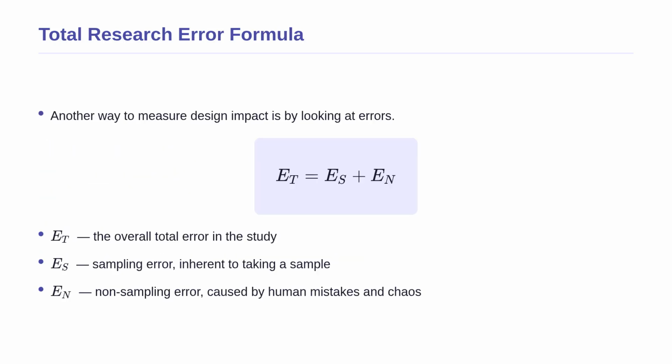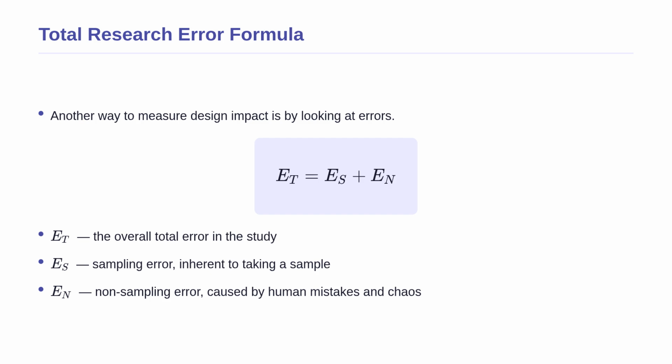This massive improvement in efficiency brings us to another critical mathematical concept: minimizing errors. In any study, the total error is the sum of sampling error and non-sampling error. The formula is simple. E sub t equals E sub s plus E sub n. Sampling error is a fixed statistical reality when you survey a subset of a population.